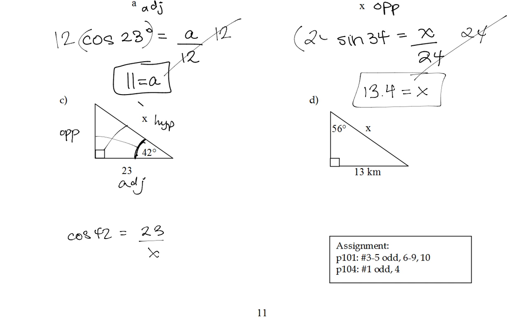That's the cross multiply switch. They switch places. Divide by 23 on both sides and then flip it. $30.9. Everybody's with me?